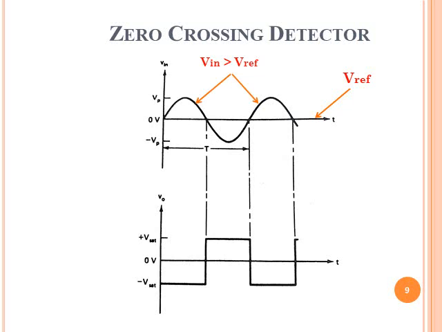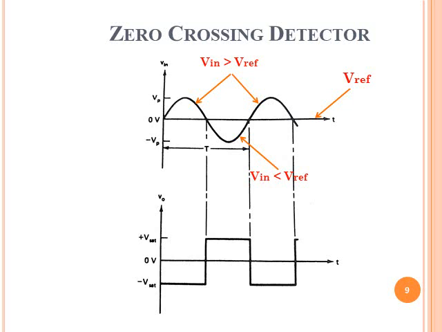When V in is greater than the reference voltage, since the input voltage is applied on the inverting terminal, the output voltage becomes negative. And when V in is less than V reference, the output voltage becomes positive, or positive saturation, plus V saturation.